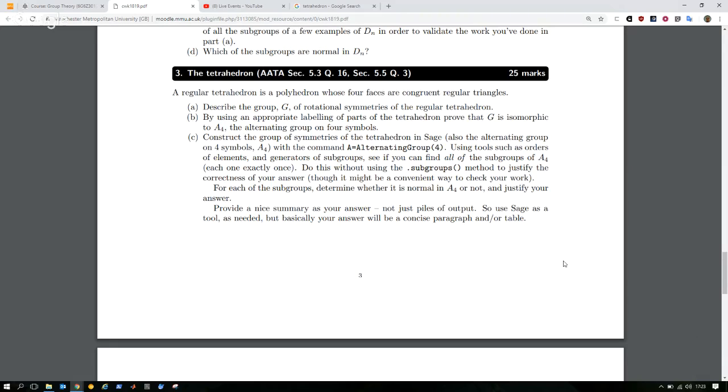That's kind of the introduction, and then what you want to do here is find all the subgroups of A4. The exercise suggests that you should use SAGE and look for orders of elements and generators and so on. I want a full list of all the subgroups of A4 described in a suitable way.